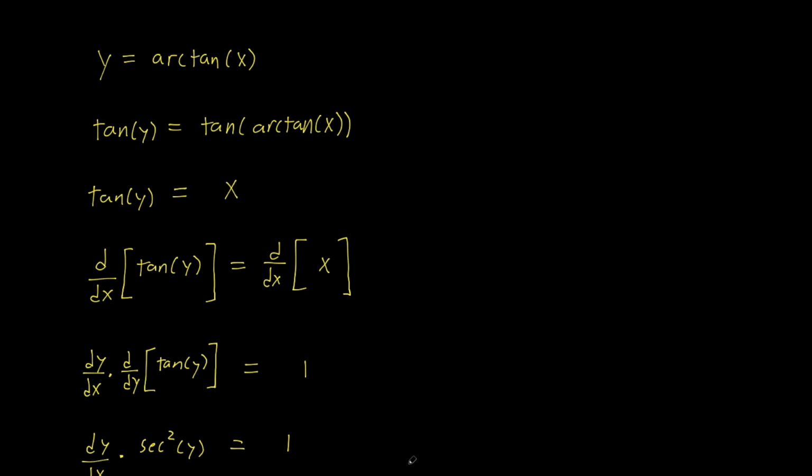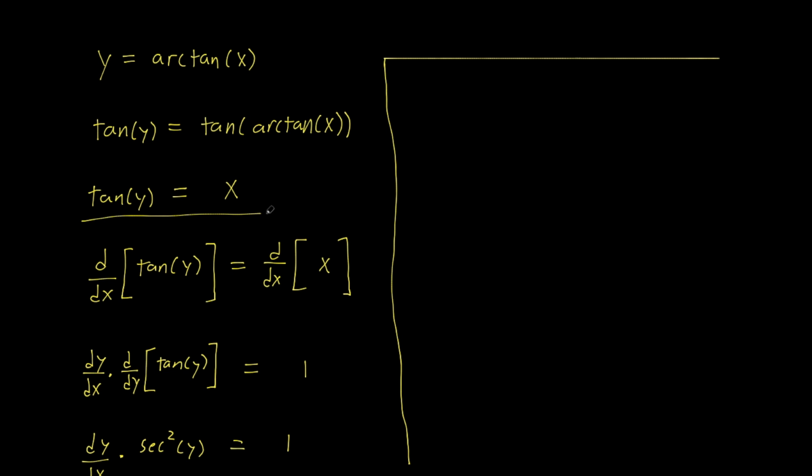So let's use one of the trigonometric identities from up top to rewrite that. So we have a line here, tangent y equals x, that we can use. Tangent of y is equal to x.